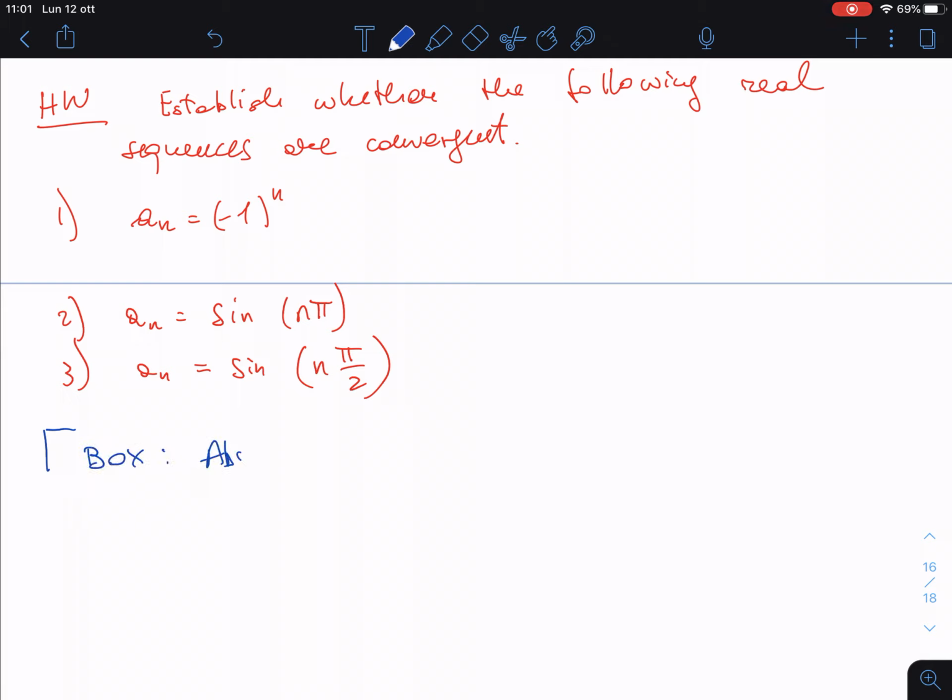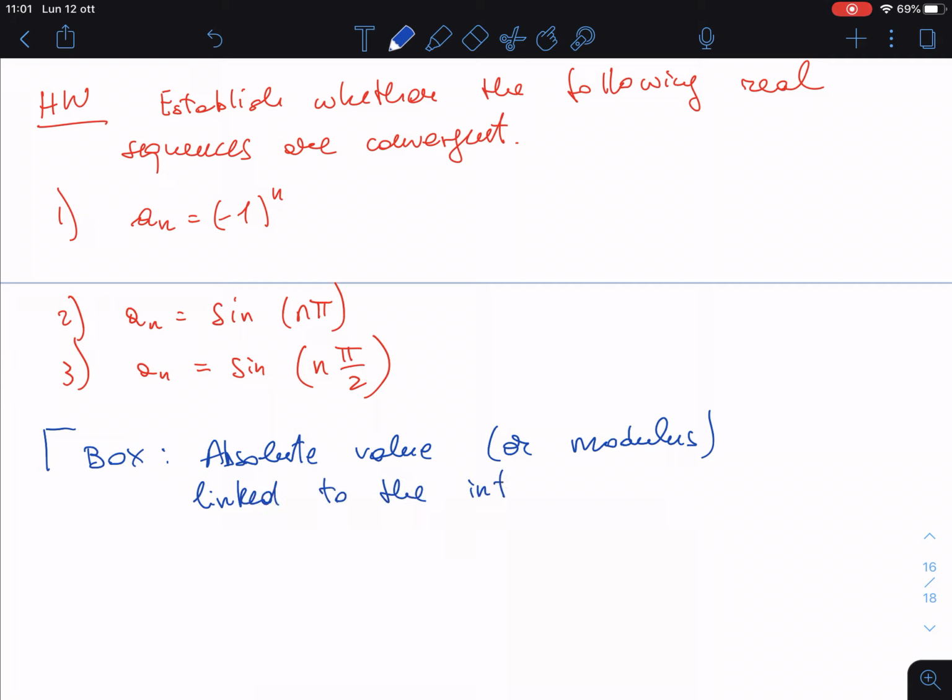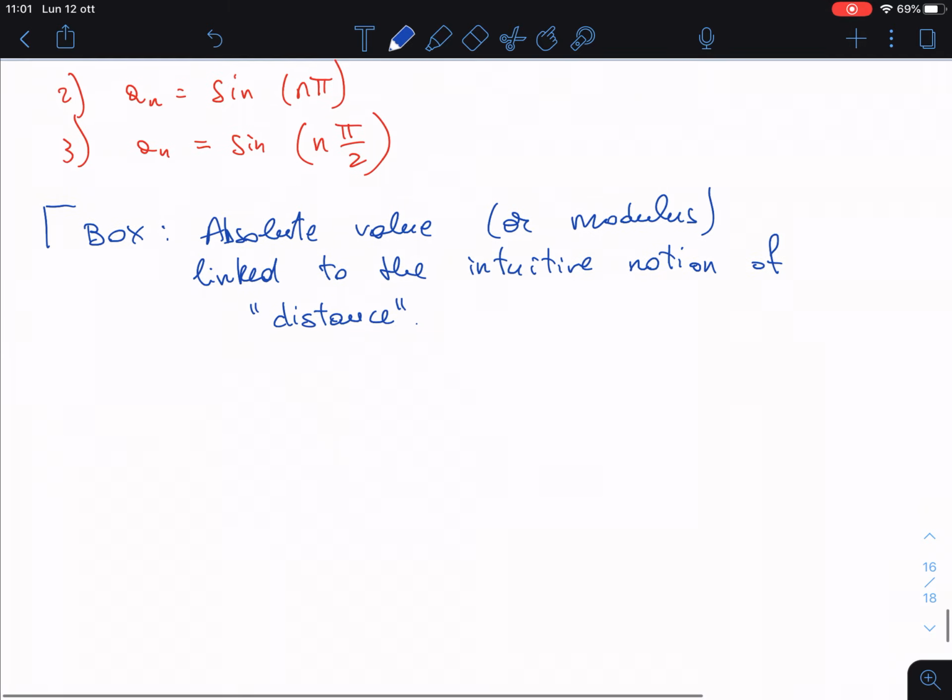What is the absolute value, which is also called modulus, and that is linked to the intuitive notion of distance. Okay? So this is the definition.